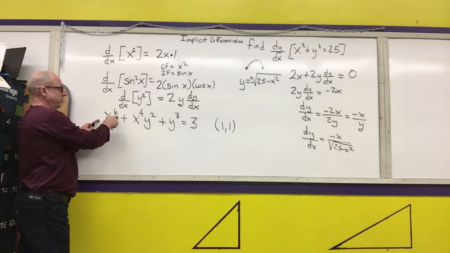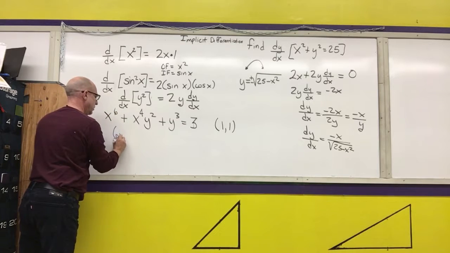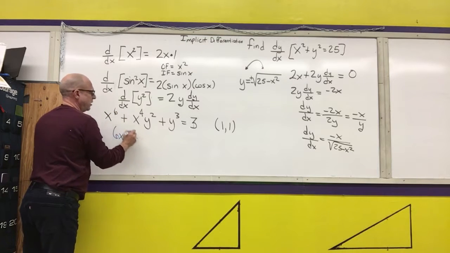So, chain rule. Power rule first. I have 6x to the 5th power. This is product rule.